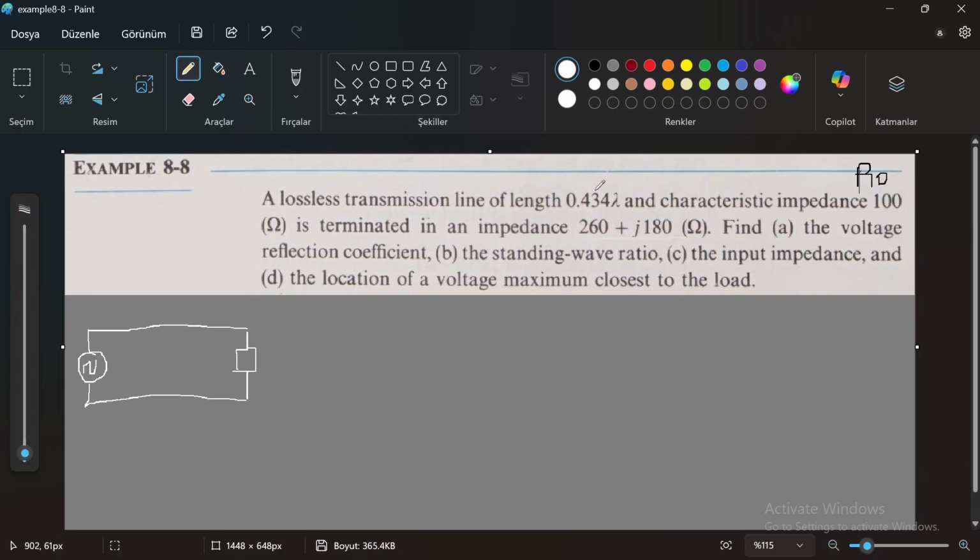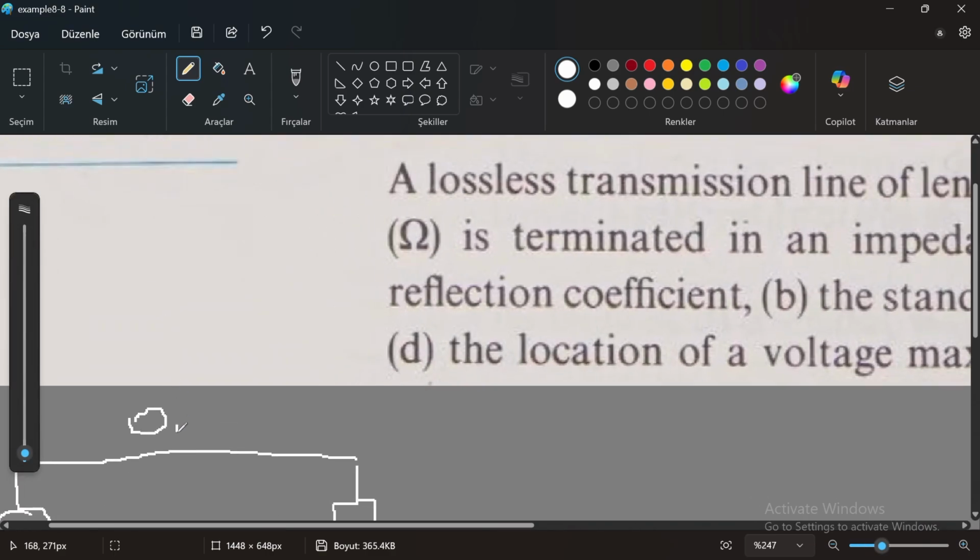So it says the length of the transmission line is 0.434 lambda.